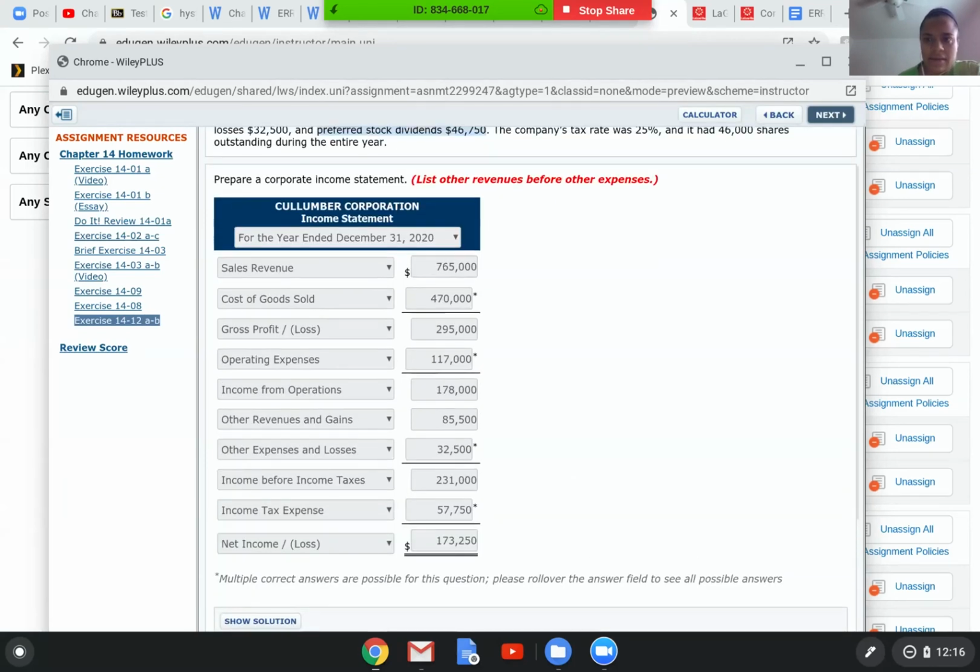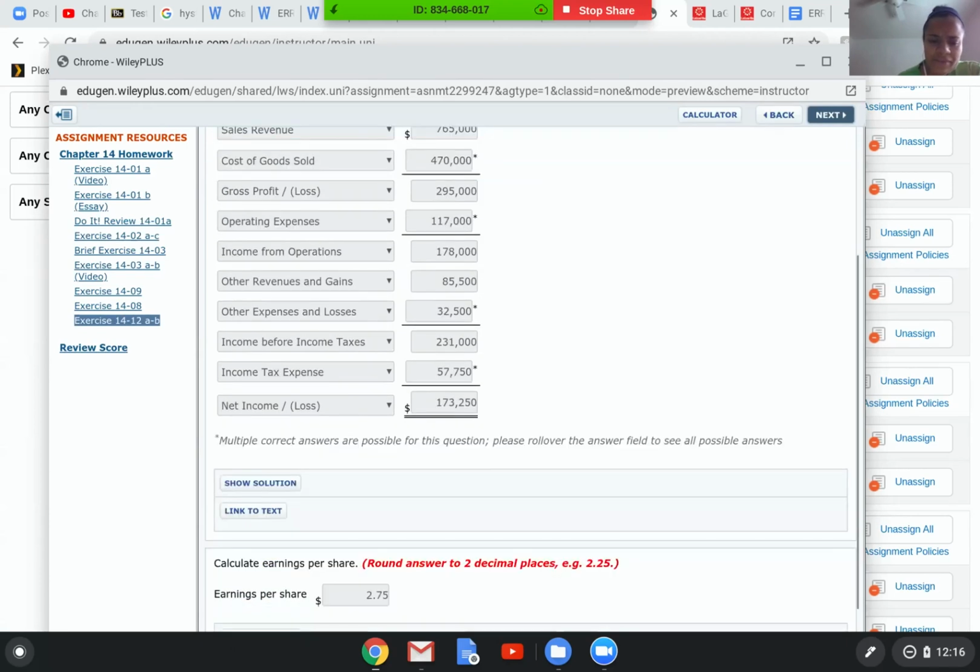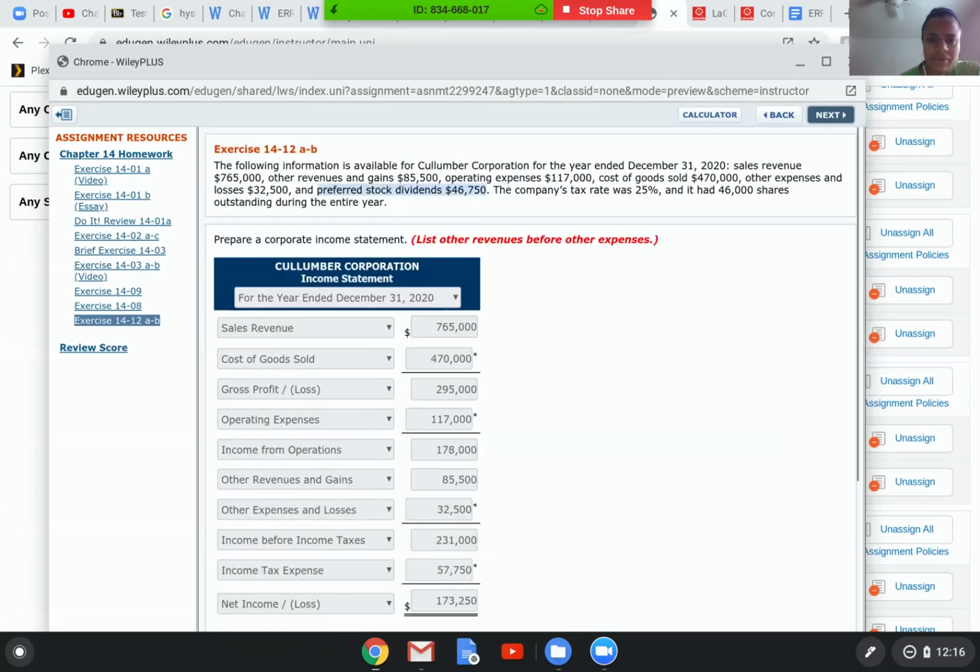The earnings per share calculation, I'll show you in a minute in our notes, has to do with net income, but you have to subtract the preferred stock dividend because earnings per share relates to common stockholders. So you don't want to overstate how much money they've earned, because some of that money has to go to preferred stockholders. So you'll need this preferred stock dividend number for earnings per share.